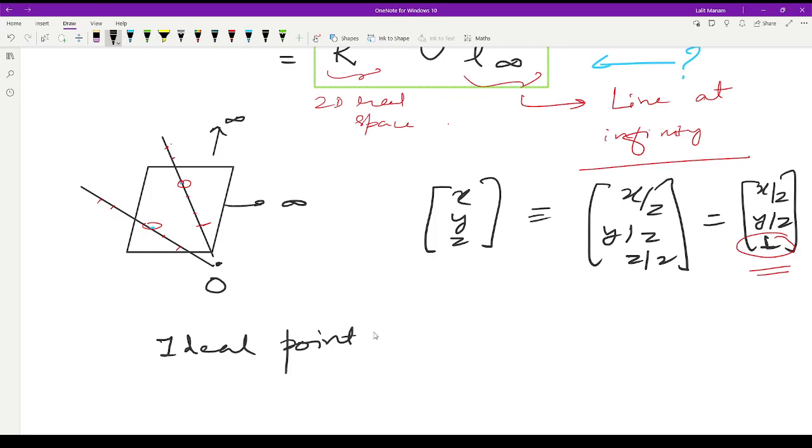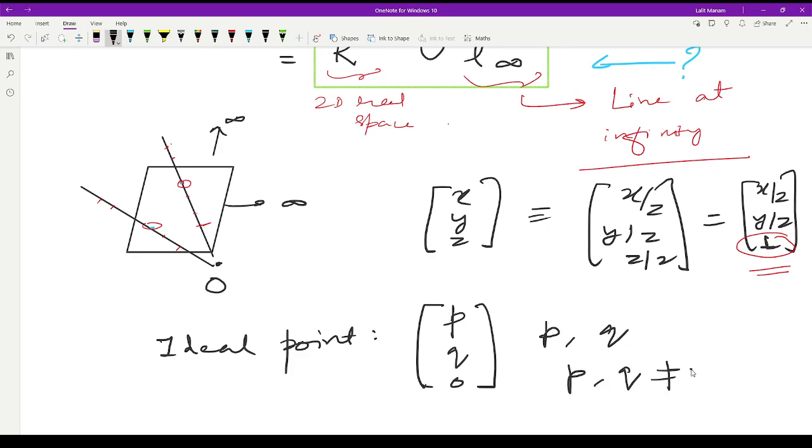How do you represent an ideal point? Where the third, like the z direction is 0. Yeah. So I'll just write it as P, Q, 0, just for avoiding confusion. So you'll have some form P, Q, 0, where the last element is always 0, and you have some finite elements P, Q such that either of them is not equal to 0. That's all.